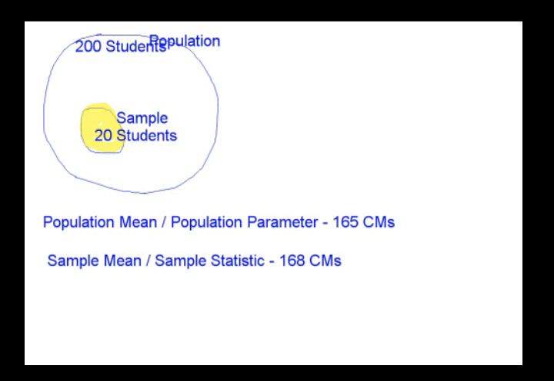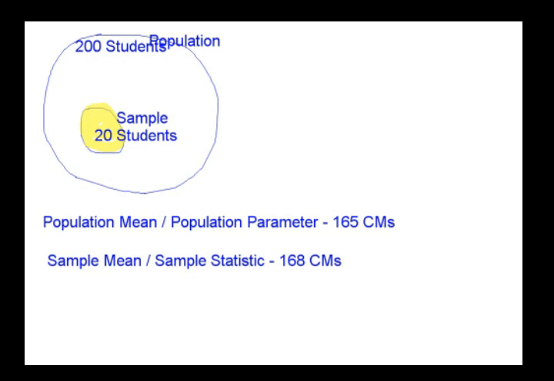So we have measured the height of 200 students and arrived at an average, which is called the population mean or population parameter in statistical words. And we have also measured the height of these 20 students whom we had selected as the sample for study, and we call the average the sample mean or sample statistic in statistics language.